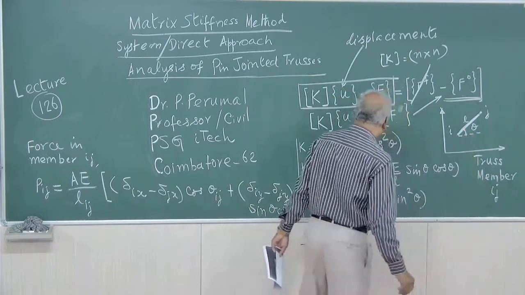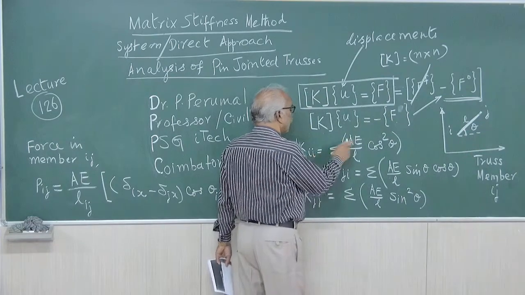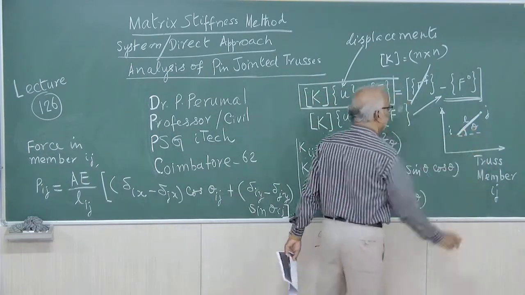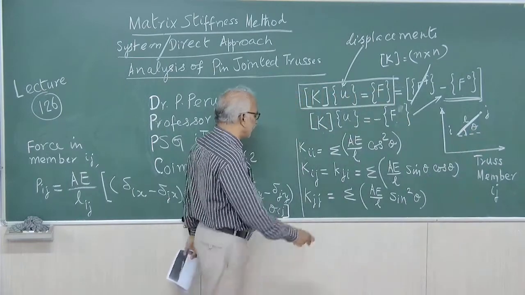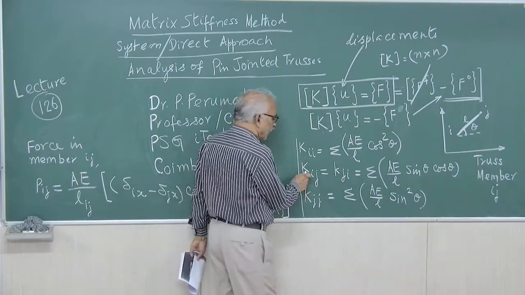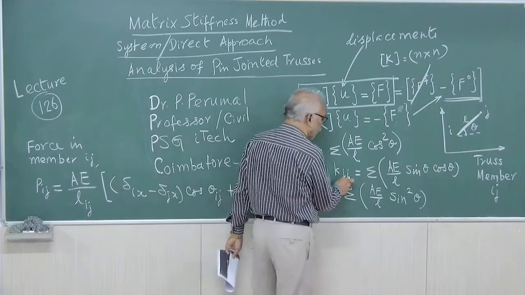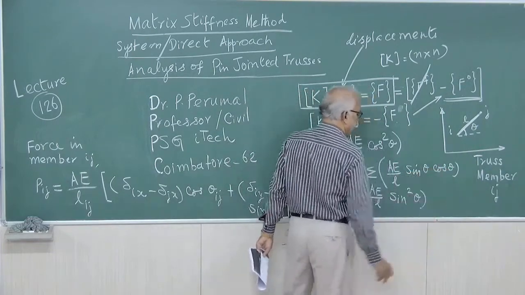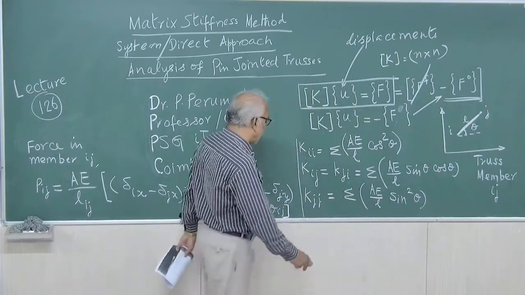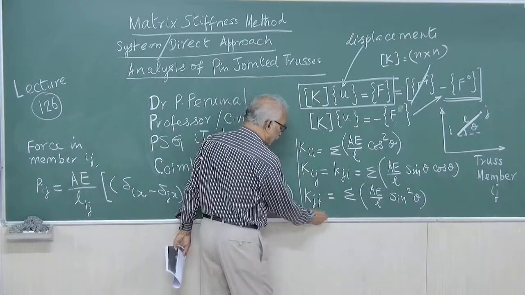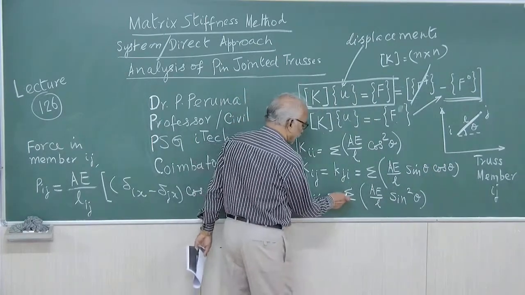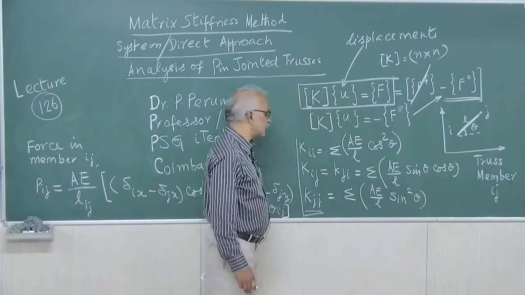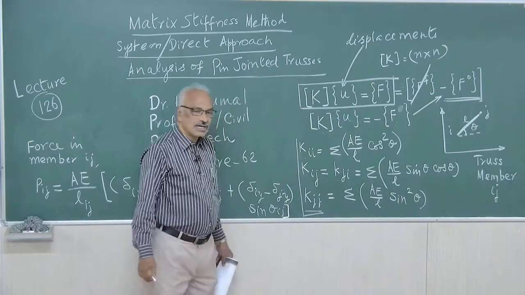Then Kii equal to AE by L into cos square theta. Then Kij or Kji equal to sigma AE by L sin theta cos theta, and Kjj equal to sigma AE by L into sin square theta.